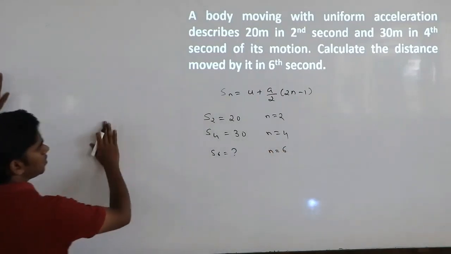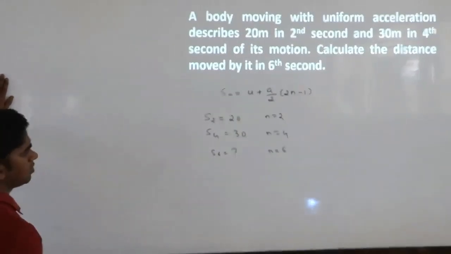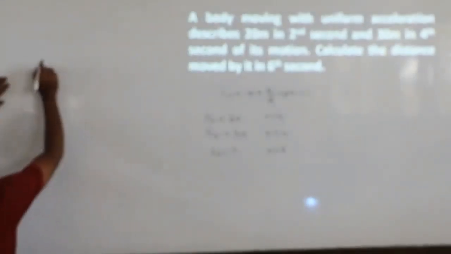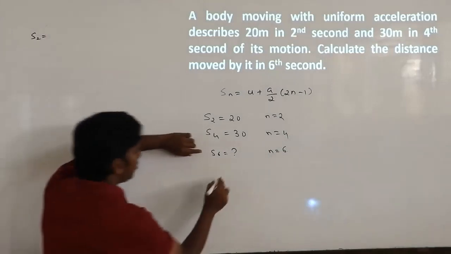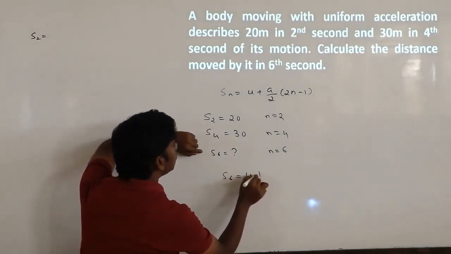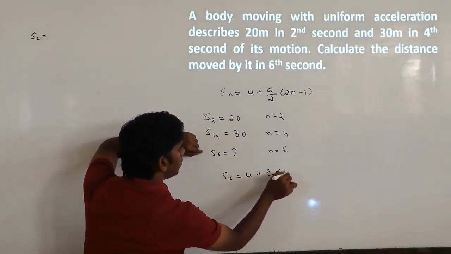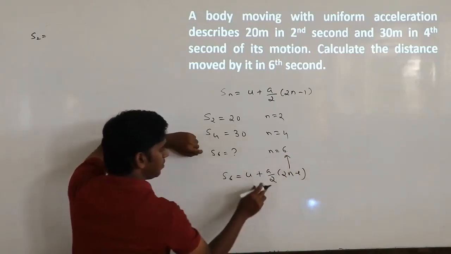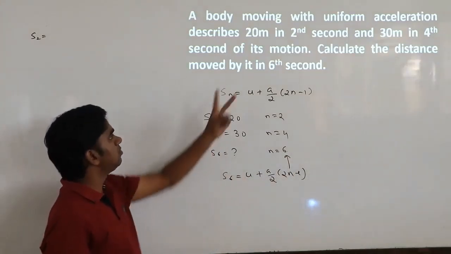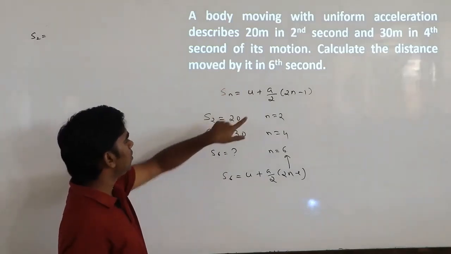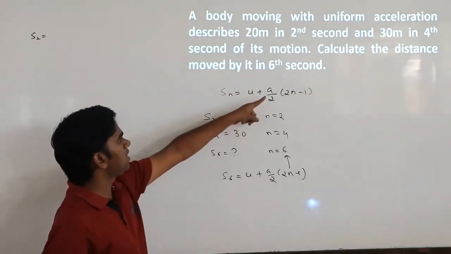Simple, an interesting question. If you want to calculate S6, what is required? U plus A by 2 into 2n minus 1. N you know, it is 6. A is required and U is required, but both are not given.